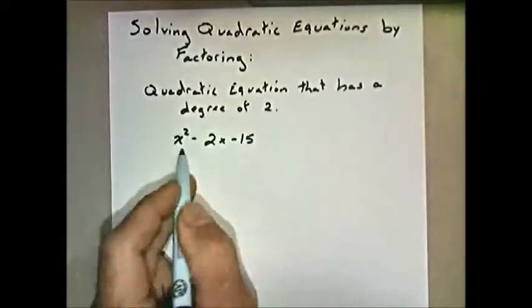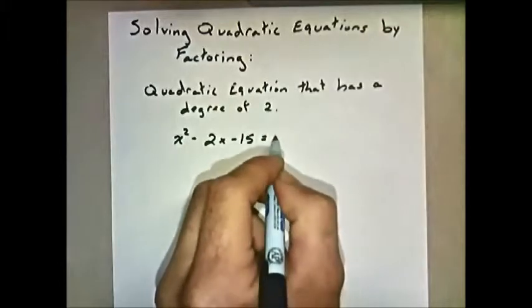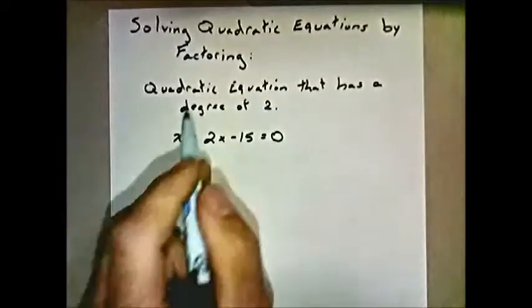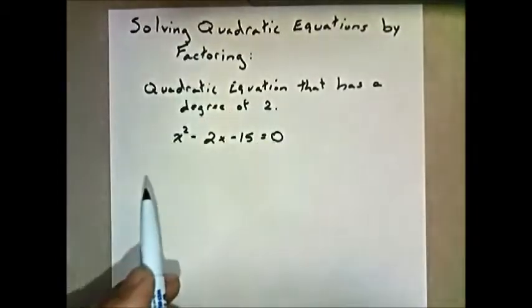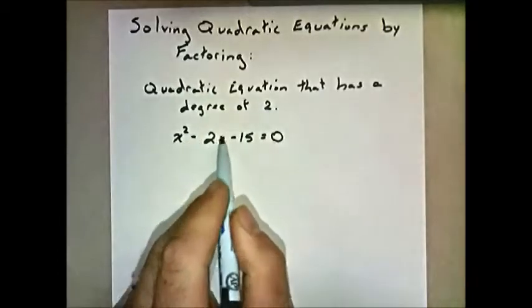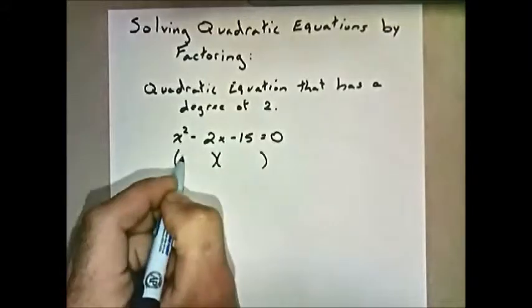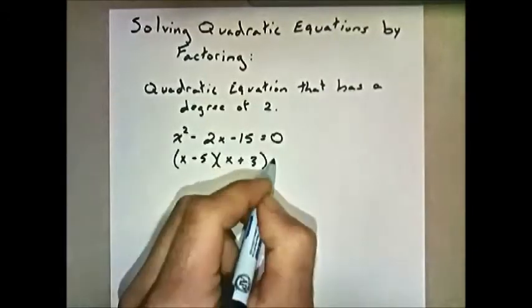That would be a quadratic expression. To make it an equation, we set it equal to some number. In this case, let's let it be 0. In order to be able to solve this quadratic equation, we're going to try to first factor x squared minus 2x minus 15. In this case, it does factor to x minus 5 and x plus 3.